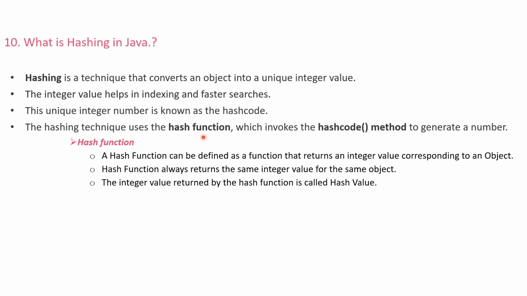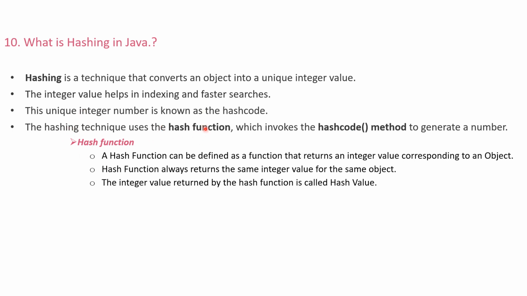The hashing technique uses the hash function, which invokes the hashCode method to generate a number. How is it generating a number? We said it converts an object into an integer value, and this is done by the hashCode method.